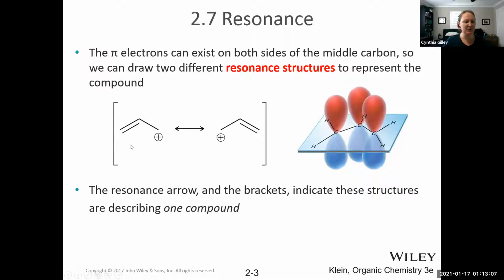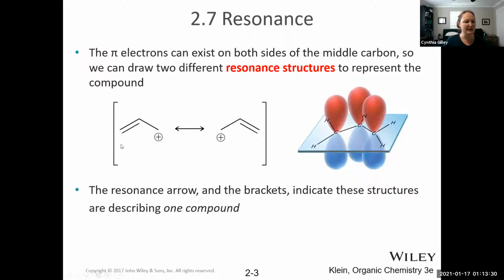But this one structure is not good enough to understand the true structure of the allylic carbocation. We actually need to draw two structures using this double-sided resonance arrow to denote that the true structure is actually a hybrid of these two structures. And because they're equally significant, it's a 50-50 hybrid.